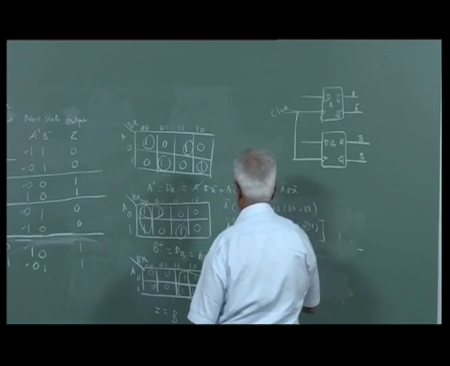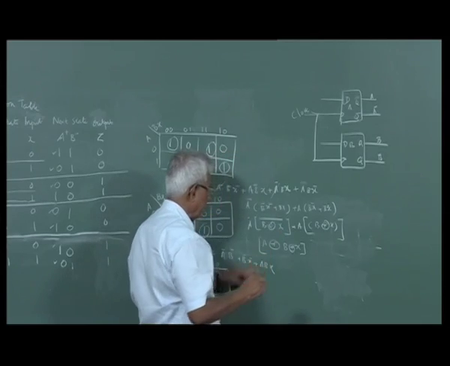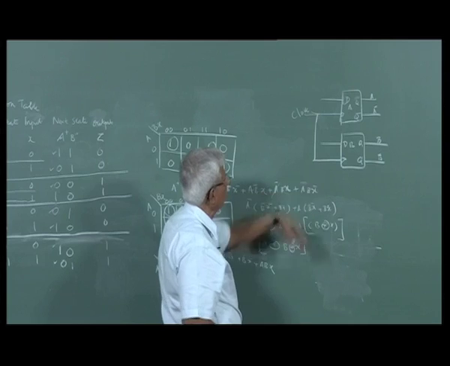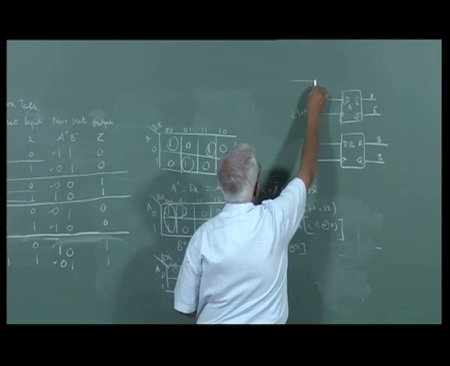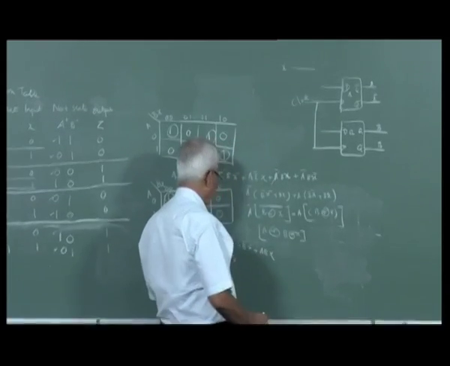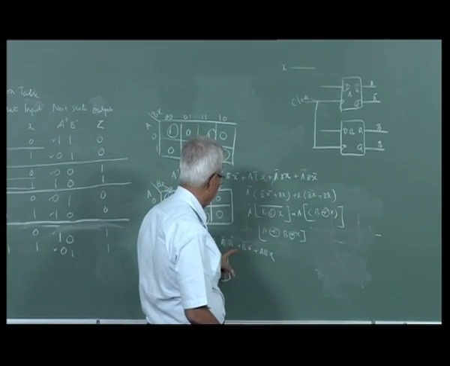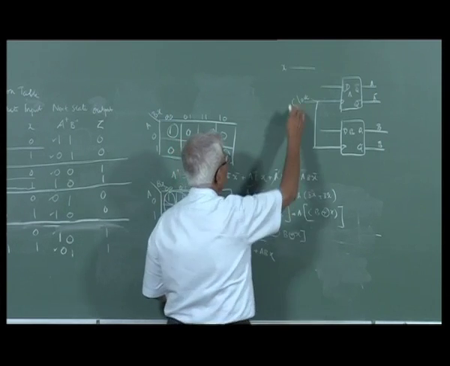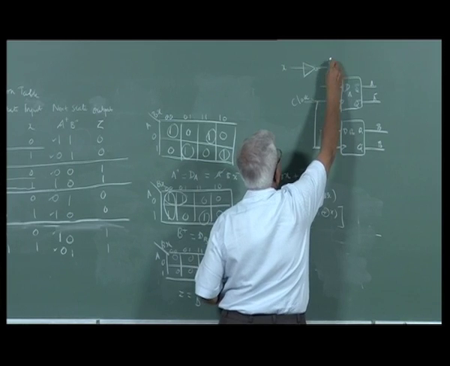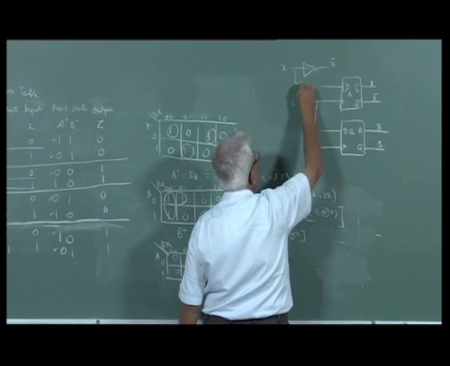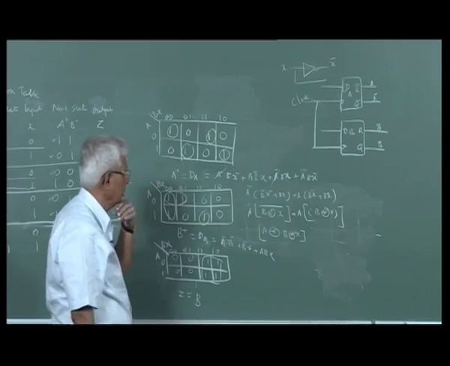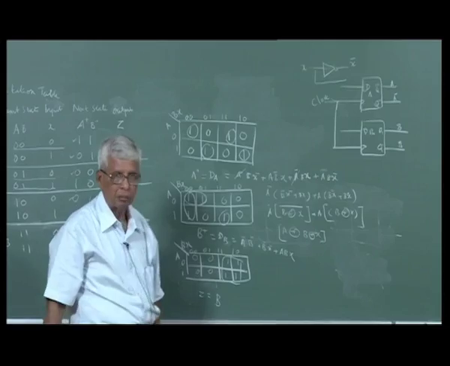We have everything. We want A, B and X. All are available, X is input. Here you have A bar, B bar, B bar X bar. X has to be available both as a variable and its complement. So this is X, this is X bar. If you want X, you take it from here; if you want X bar, you take it from here. So this is the circuit we want to design.